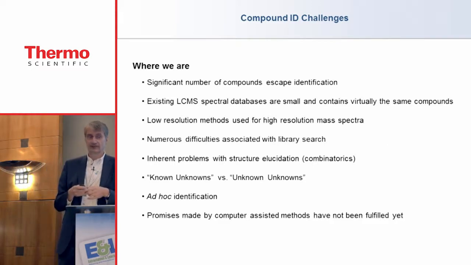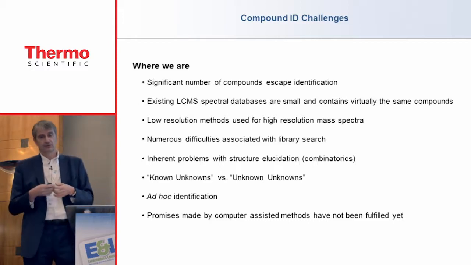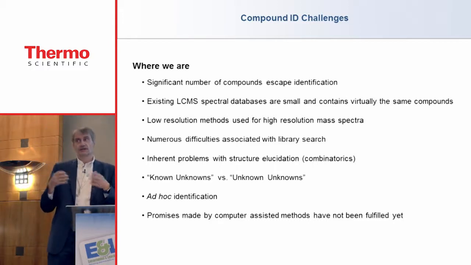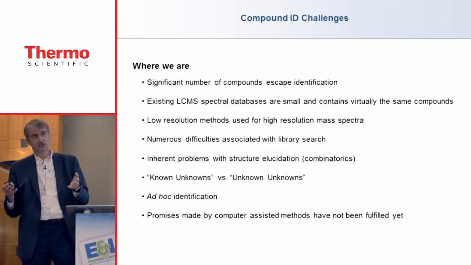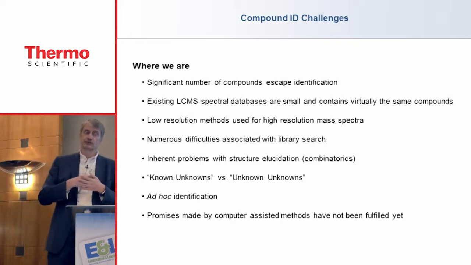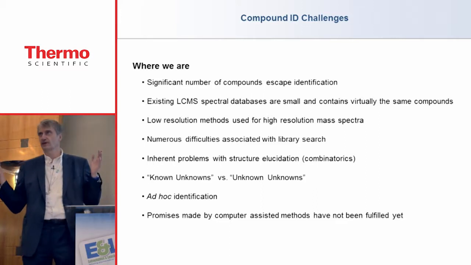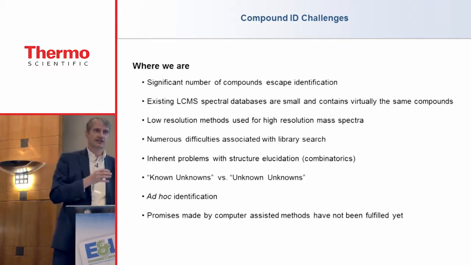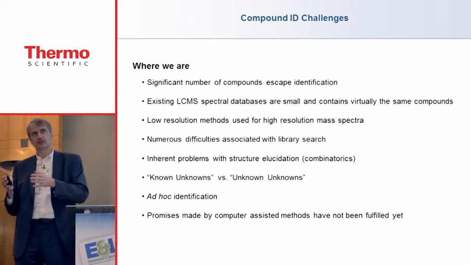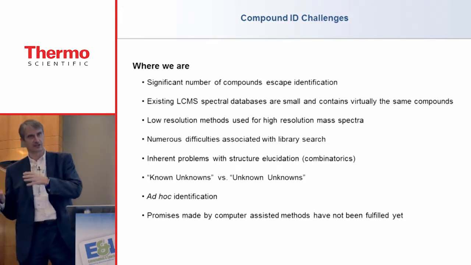And the last problem is that the promises made by computer-assisted methods have not been fulfilled yet. If you look in the scientific literature, you can read about amazing methods, automated structural elucidation, machine learning methods, artificial intelligence used for compound identification.